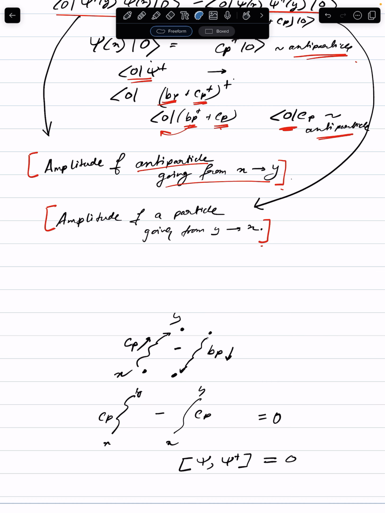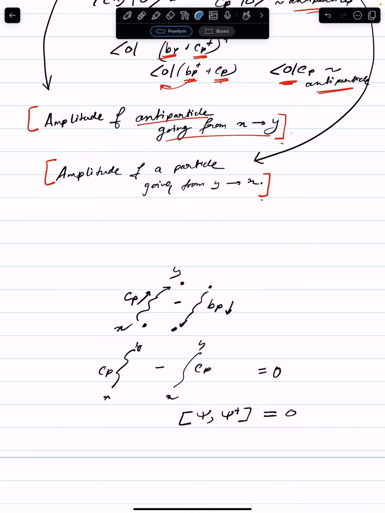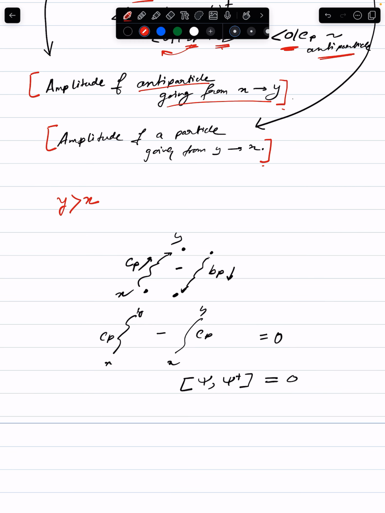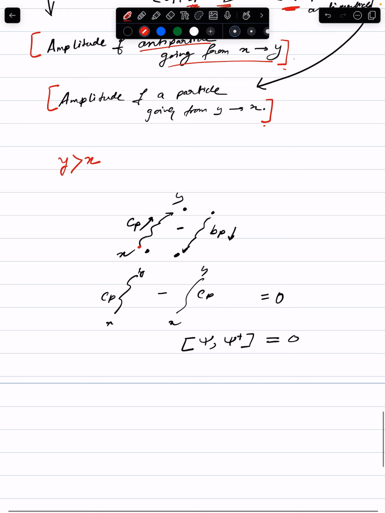So here we have, in some frame where y happens later, x happens before, and so this person will say there's an amplitude of the particle going from x to y, and similarly there is an amplitude also of the antiparticle going from x to y.